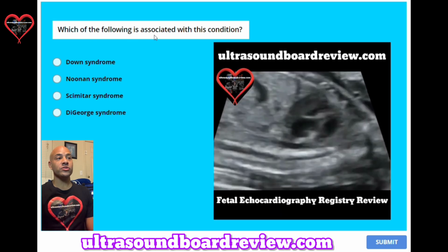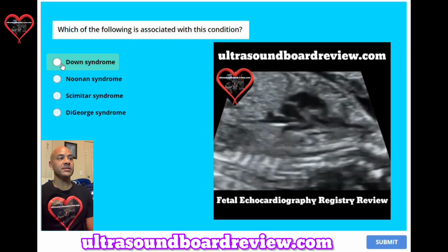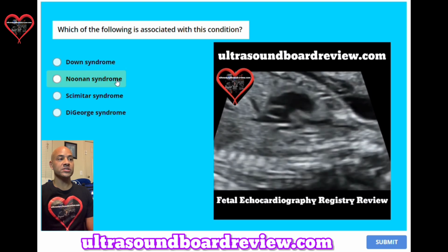Which of the following is associated with this condition? A. Down syndrome. B. Noonan syndrome. C. Scimitar syndrome. Or D. DiGeorge syndrome.